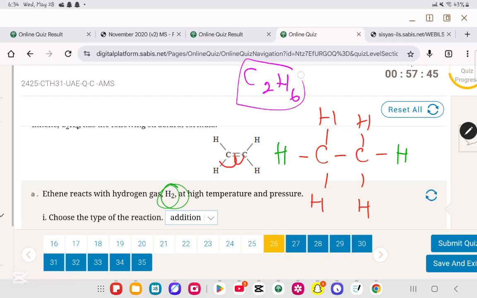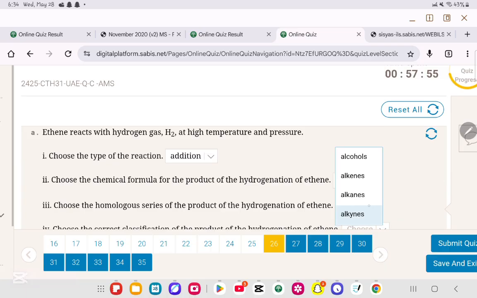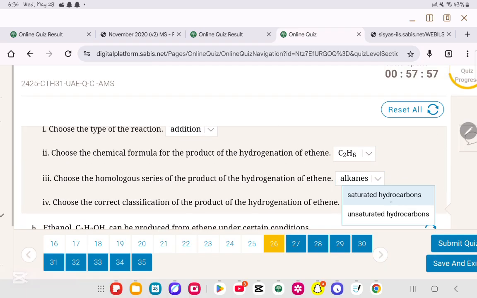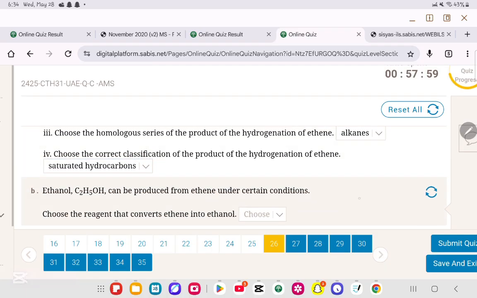It follows the format CnH2n plus 2, which belongs to the alkane, right? So you will get C2H6, which belongs to the alkanes, and alkanes are known as saturated hydrocarbons. Now, ethanol, C2H5OH, can be produced from ethene under certain conditions.